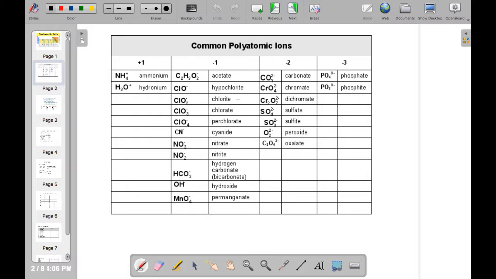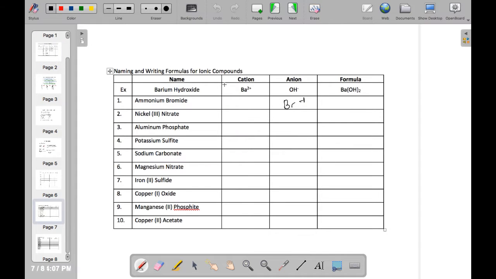Most of them have negative charges. So NH4, that's what throws people, because most of these are always at the end of the ionic compound. NH4 +1. Let's go put her down here. Well, now I'm in a good spot because I see that this is a +1, this is a -1. I can just go ahead and write out this formula as NH4Br. Notice I don't have any charges on here because it is neutral.